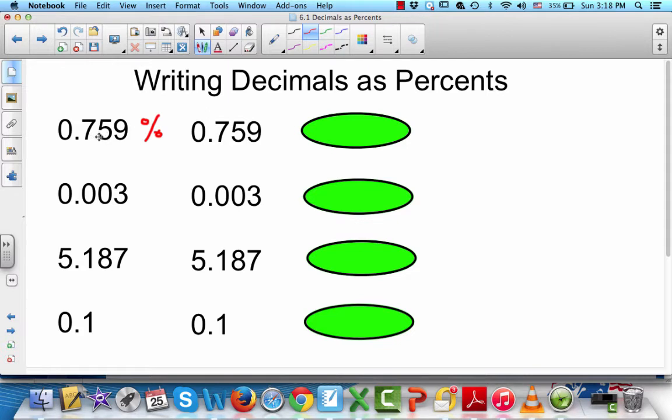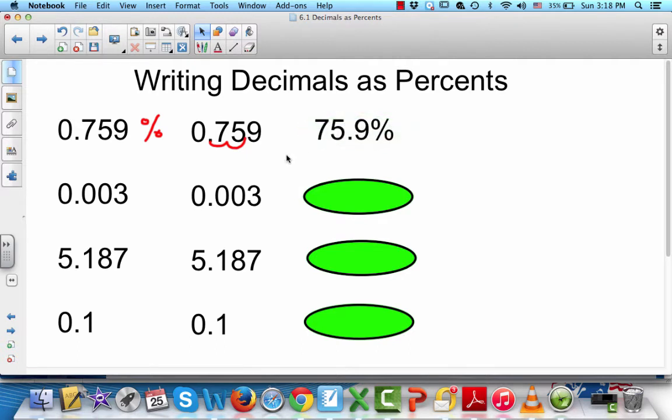So what we do when we change to a percent is we move the decimal 2 places to the right, or 2 places towards where the percent sign is going to be. So that means we're going to take this and we're going to go 1, 2. And our new decimal place is going to be between the 5 and the 9. And we write it as 75.9%. Okay? All right, so let's do the next one.